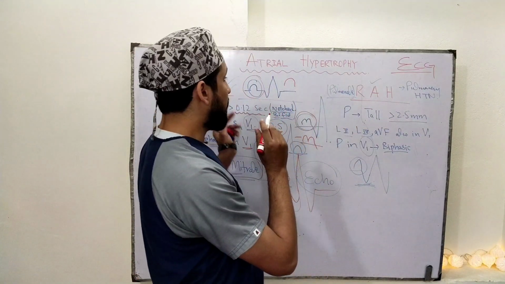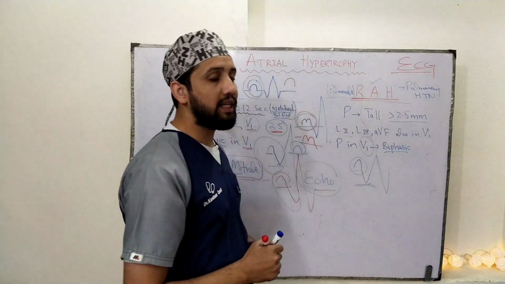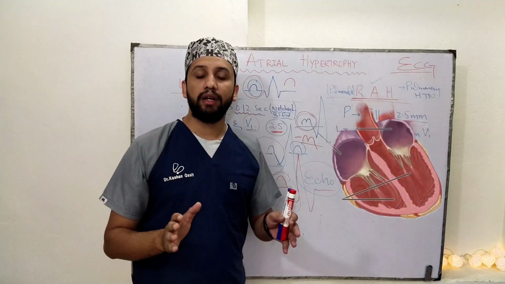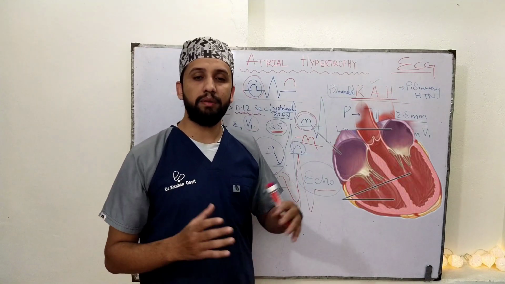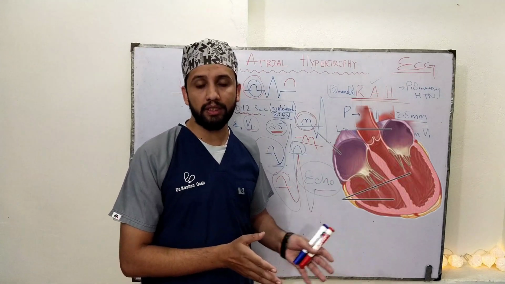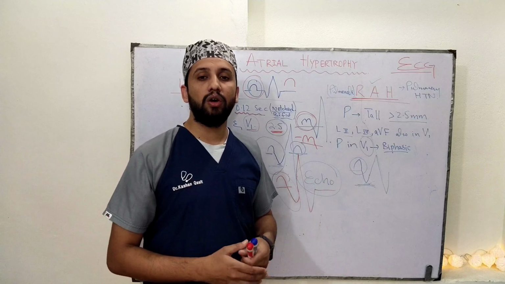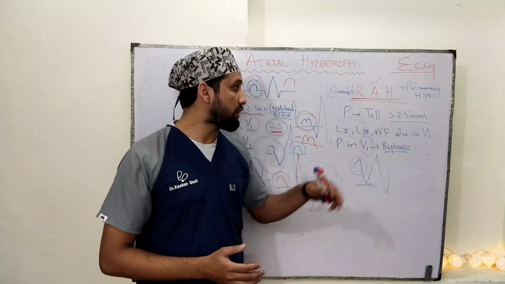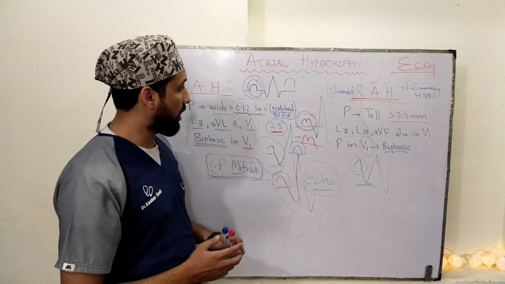Like left atrial hypertrophy, in right atrial hypertrophy there is also enlargement and increase in the size of the right atrium of the heart, which may be due to pulmonary hypertension, tricuspid regurgitation, tricuspid stenosis, or other conditions. So right atrial hypertrophy has its own causes.